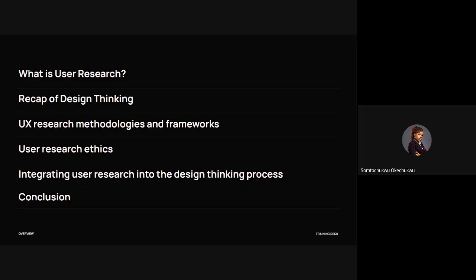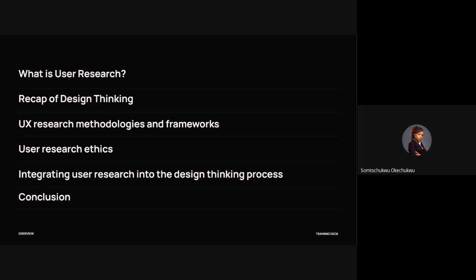So you want to understand what user research is, what the design thinking process is, and how user research comes into the design thinking process. Then we'll discuss the different UX research methodologies and frameworks. And I touched a bit on frameworks on Saturday.